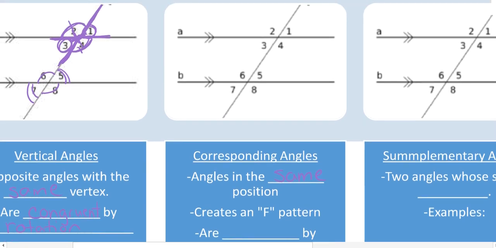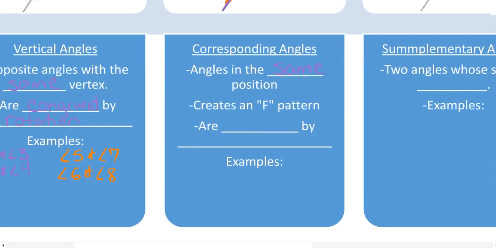So if I were to look at my parallel lines, if I can draw an F, corresponding angles are going to be in the same position, but along each of the parallel lines. So angle 4 and angle 8 are both in the armpits of my F pattern, therefore they are corresponding. So angle 4 and angle 8 are corresponding angles.